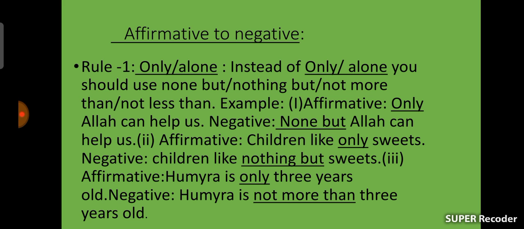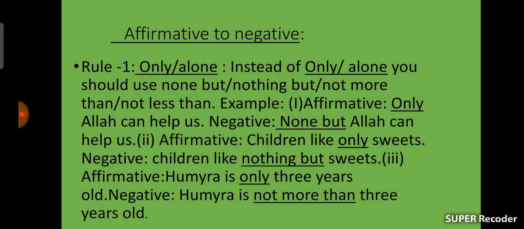Let us see the first rule. Rule 1: only or alone. Instead of only or alone, you should use none but, nothing but, or not more than, or not less than.